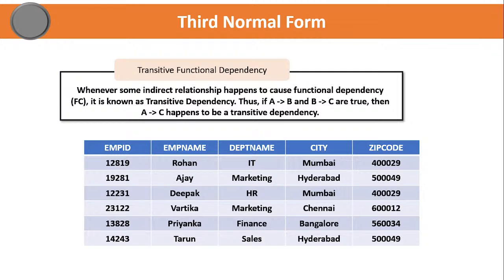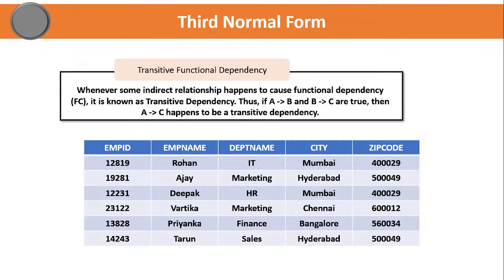If you look at the non-prime attributes, all the attributes in the table mentioned above are non-prime except the employee ID, right? So notice that the employee city is dependent on the employee zip code, and the employee zip code is dependent on the employee ID.